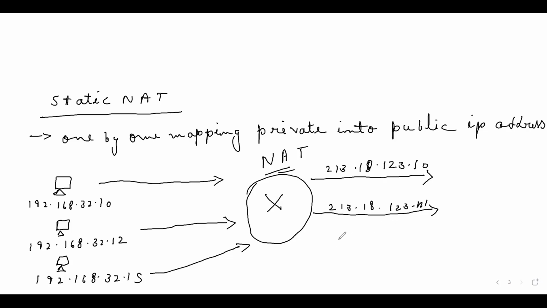123.111, or the last one, 213.18.123.112. So basically what happened, these were all private IPs.